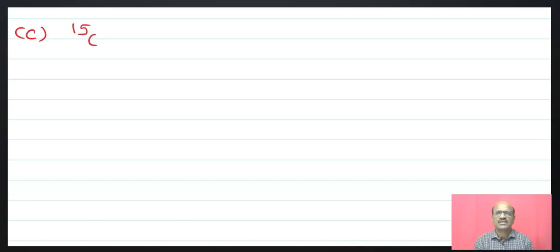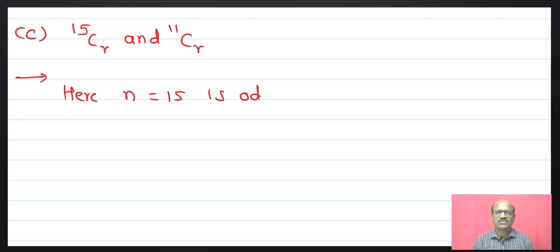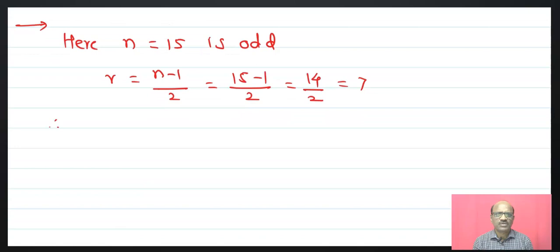Next is 15CR and 11CR. Now here n is equals to 15, is odd. r is equals to n minus 1 upon 2, and that is equals to 15 minus 1 upon 2.